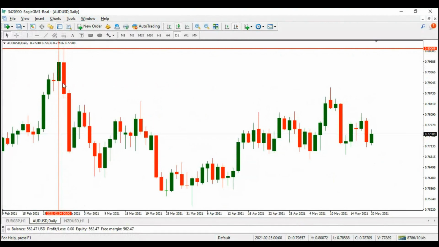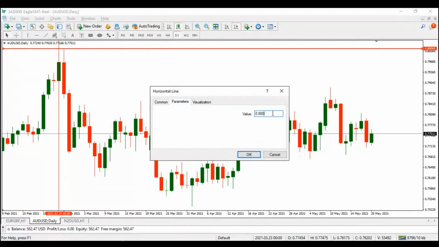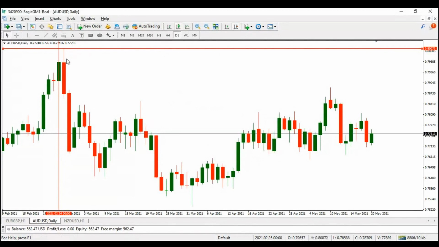Okay, so the highest point is 0.80072. That's where the high of this candlestick is.